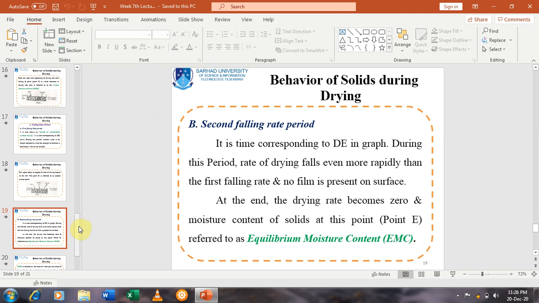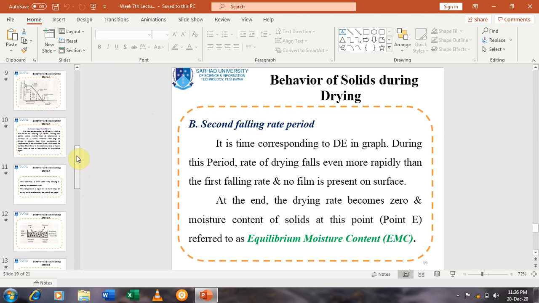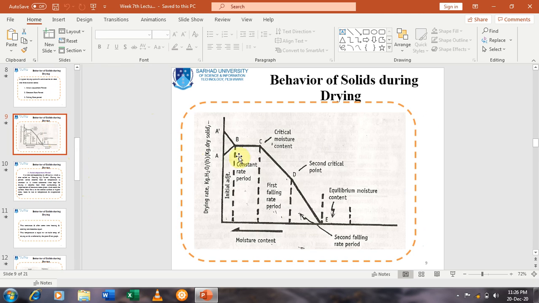On slide number 19, if we consult again, you can see that DE is the second falling rate period.